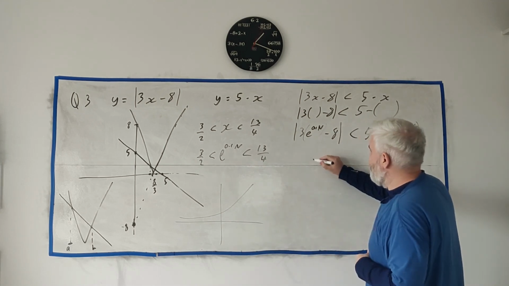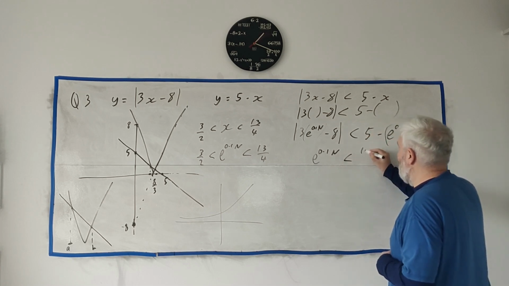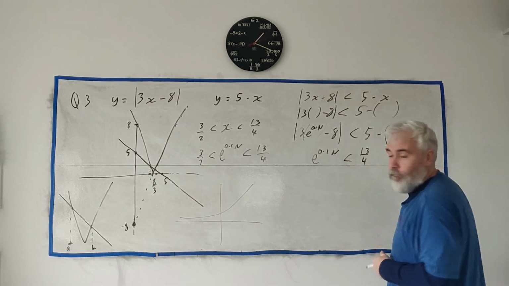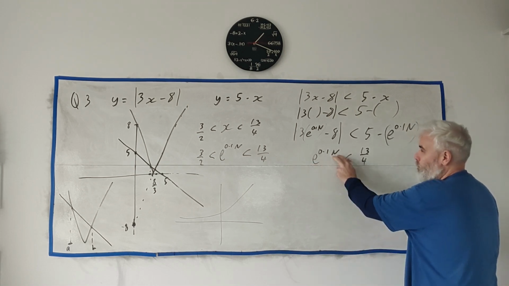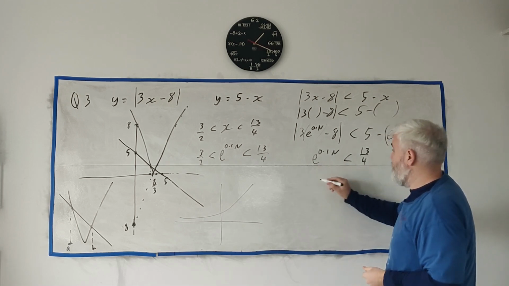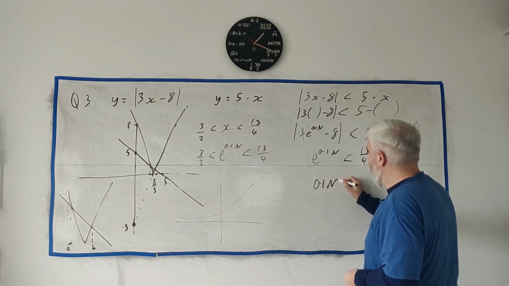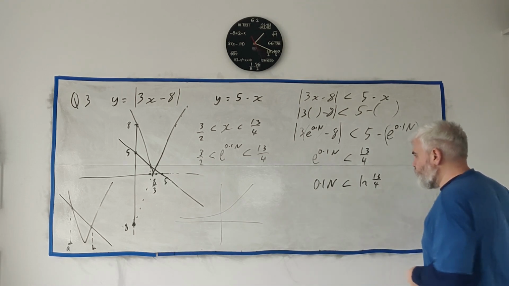So basically that is to say I want to solve e to the power of 0.1n is less than 13 over 4. So we just go ahead and try and solve that. We want the n on its own. Get rid of e: that's the natural log of both sides. That gives us 0.1n is less than the natural log of 13 over 4.